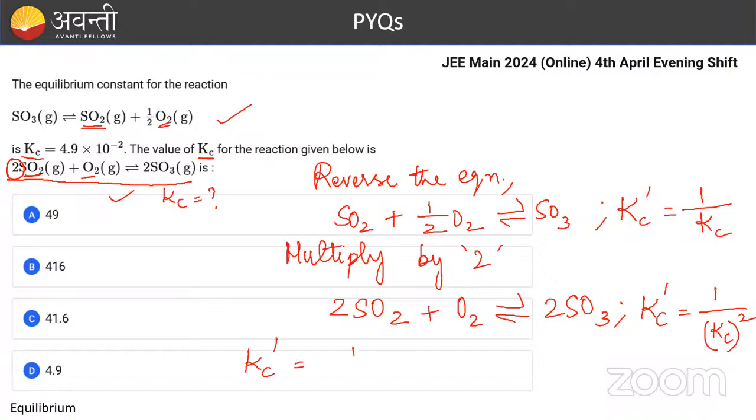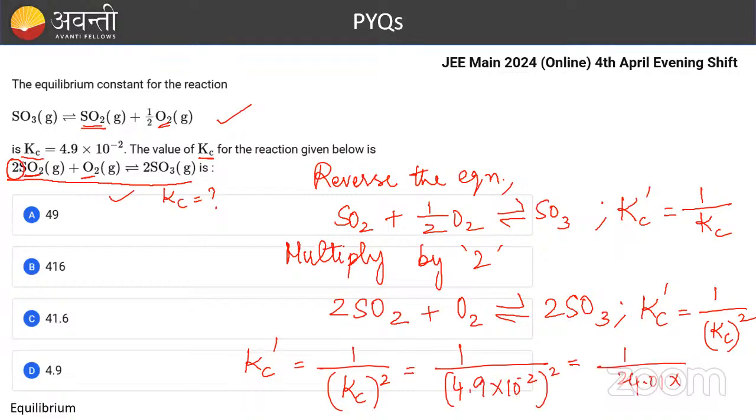It is equal to 1 by Kc square, which is equal to 1 by Kc value 4.9 whole square, which is equal to 1 by 24.01 into 10 power minus 4, which is equal to 0.0416 into 10 to the power 4, and this will be equal to 4.16 into 10 squared.